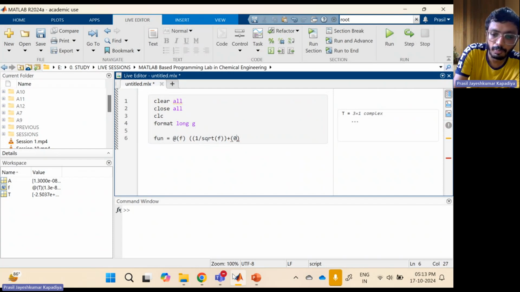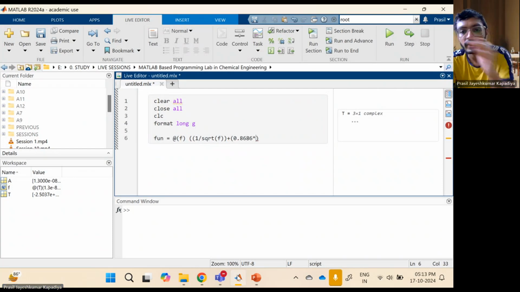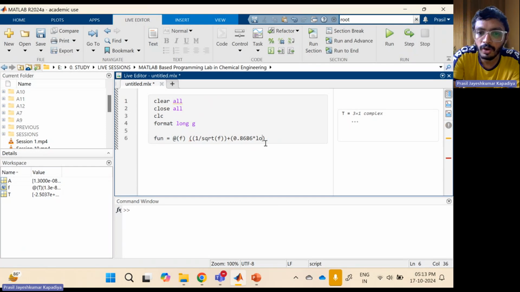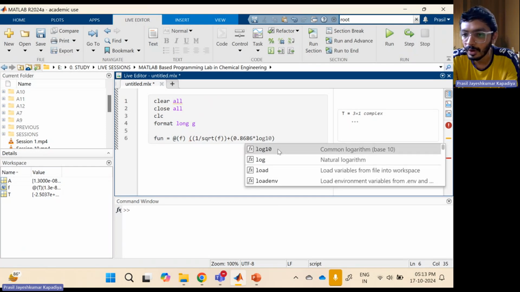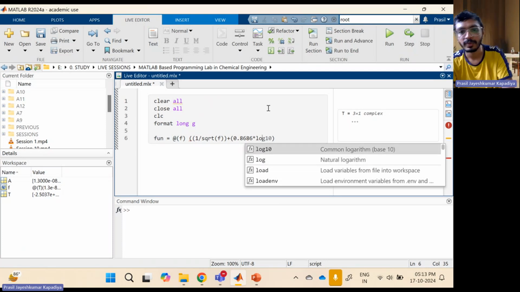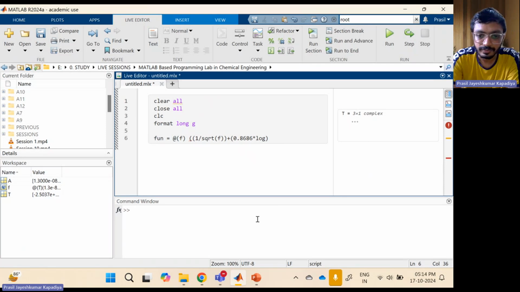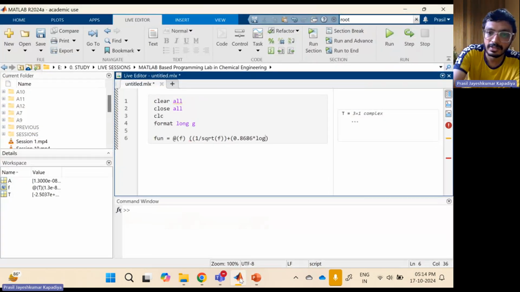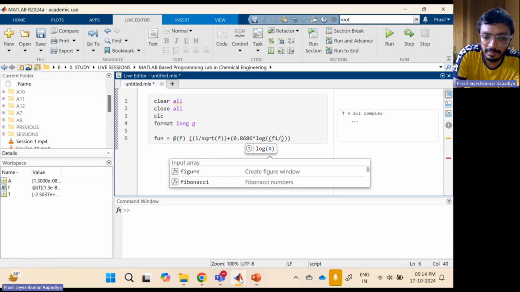0.8686 into ln. In MATLAB, we don't have ln, we have log only. If I want base 10, I need to write log10. And if it's the natural logarithm, I just need to write log. So log of phi divided by 3.7.